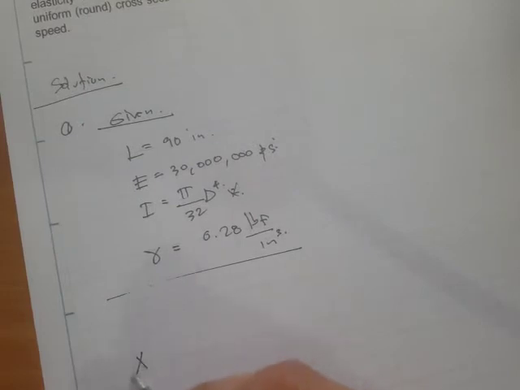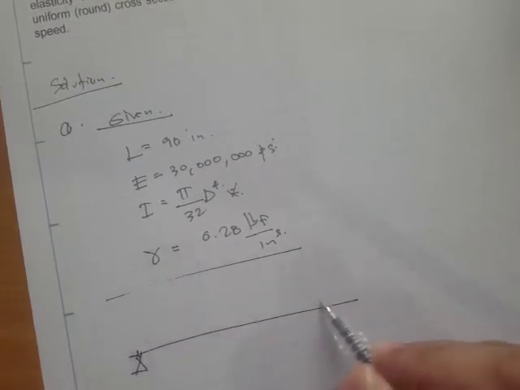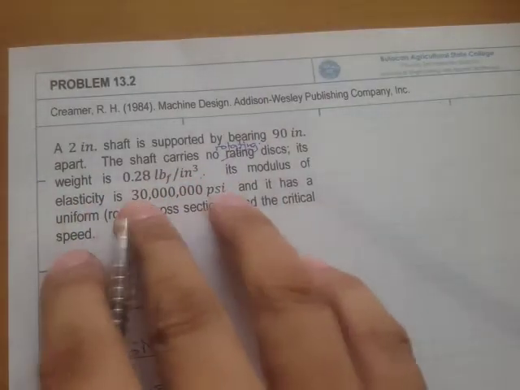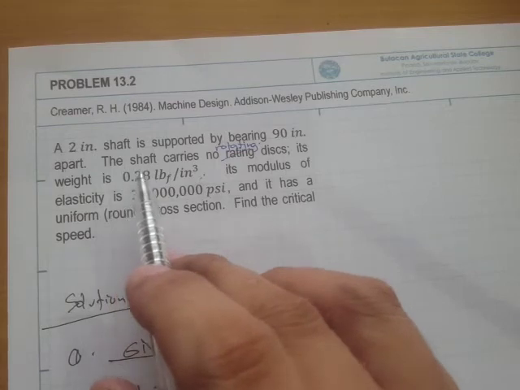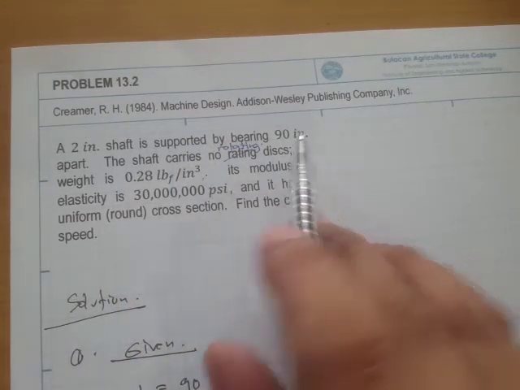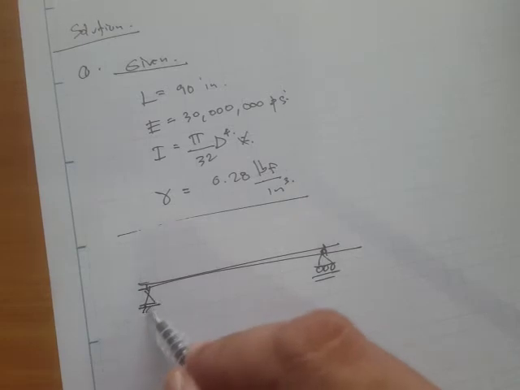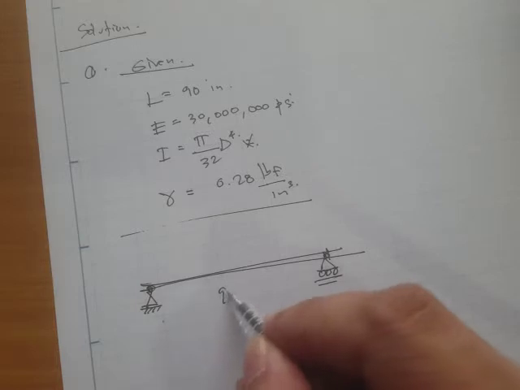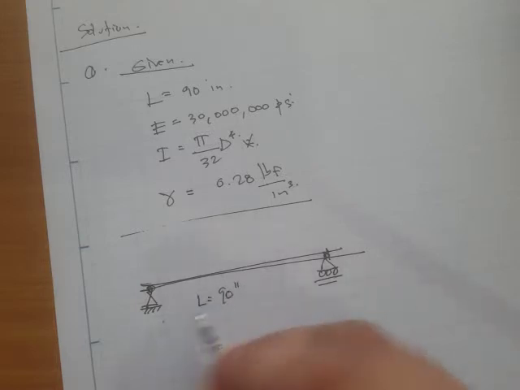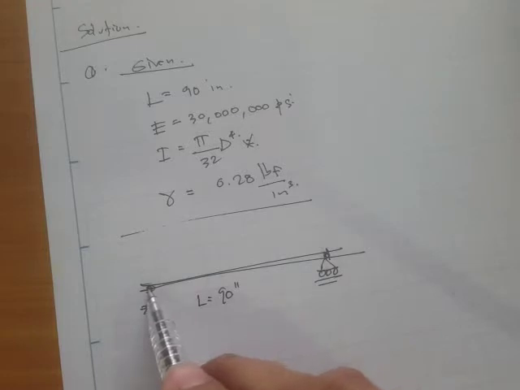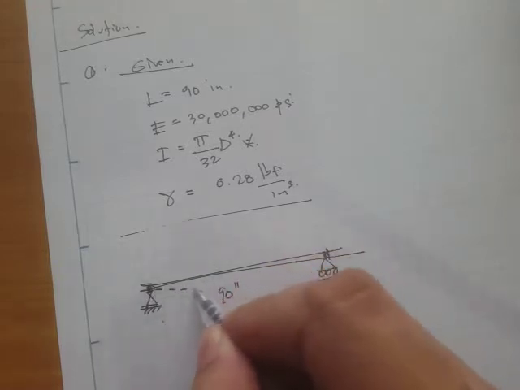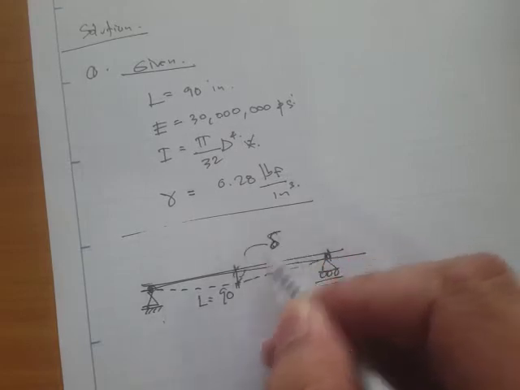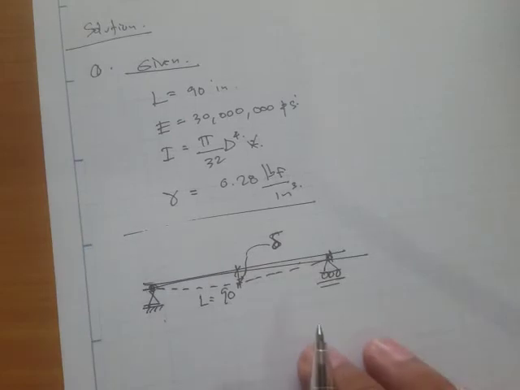Based on this problem, it says supported by bearings 90 inches apart, so basically it's something like a simply supported beam, 90 inches in length. Because of its own weight, there's going to be deflection, and we will find that deflection using the tables.